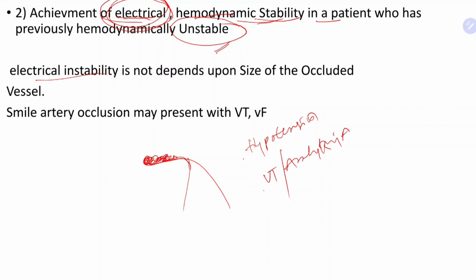That point you should know. Opposite to this, even a small area of occlusion may produce electrical instability. A small artery occlusion may present with VT, VFib.